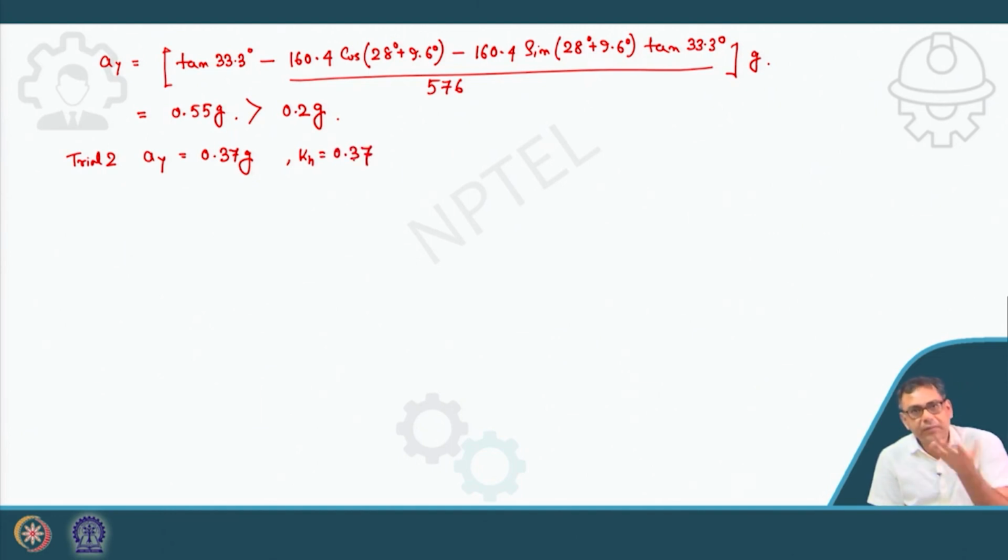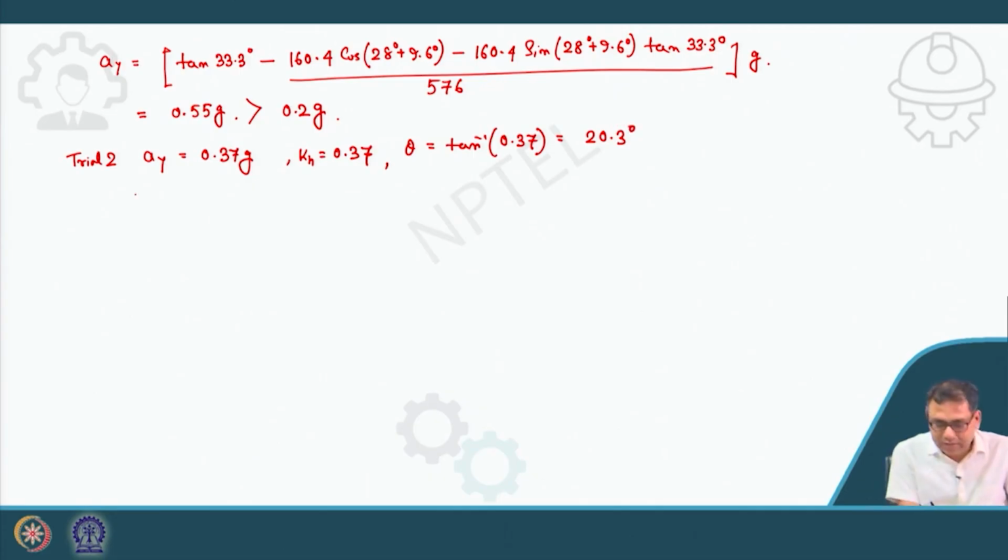Okay. If AY is 0.37 G, KH will be 0.37. So, you can calculate the theta value, which is tan inverse 0.37. So, it is 20.3 degree. Now, you can calculate KAE, which is 0.75.